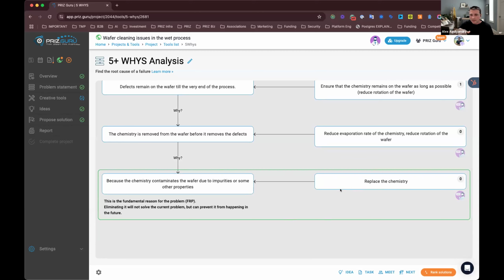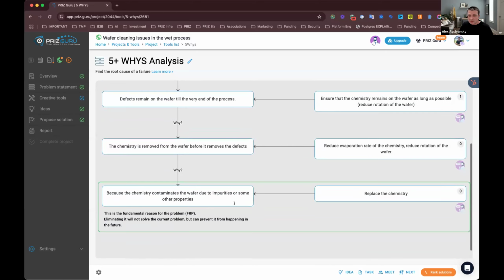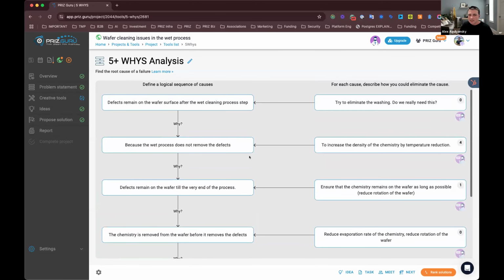But we're talking about right now, and for example, we have 3 lots of wafers that we want to save somehow. So how do we do that? These causes, what we call auxiliary causes, can solve the problem right now, but not necessarily prevent it in the future.